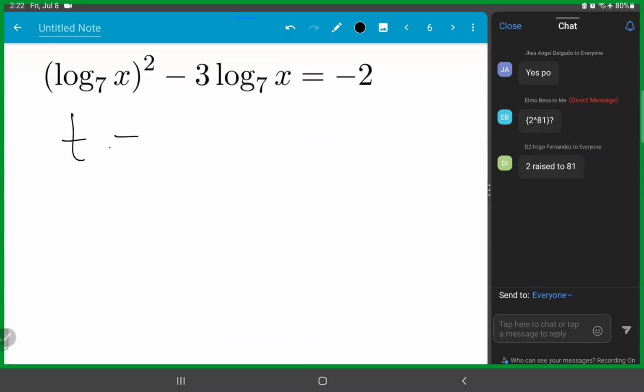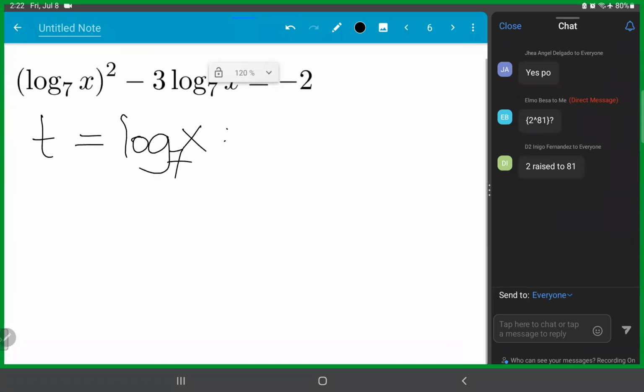Let t be log x base 7, and then rewrite, of course, as usual, the equation in terms of the dummy. t squared minus 3t equals -2.